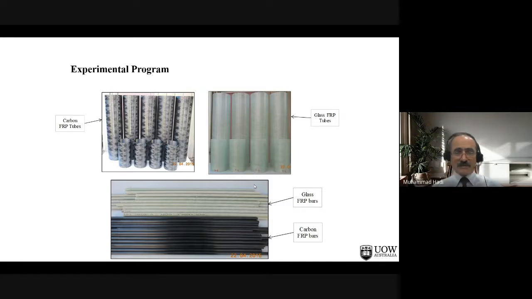So let's talk about the experimental program, and you will see there are two components of this. We had carbon FRP tubes, glass FRP tubes, glass FRP bars, and carbon FRP bars.